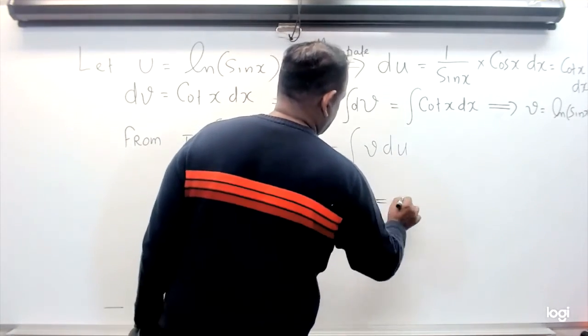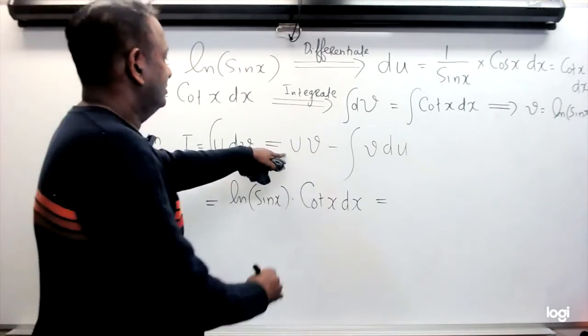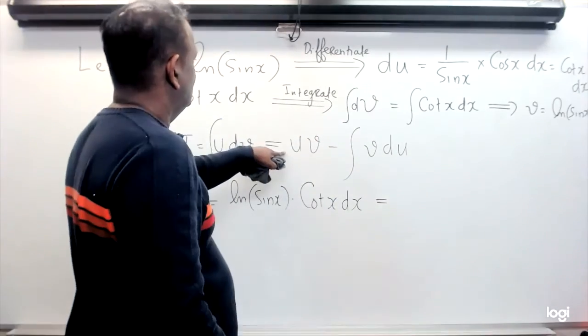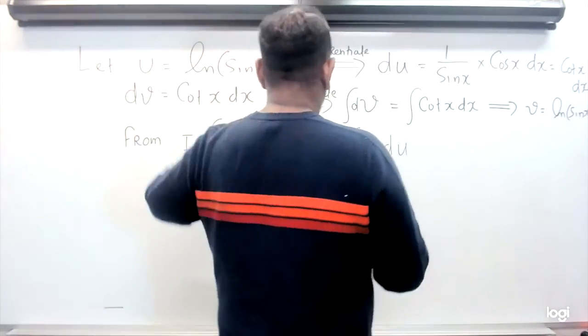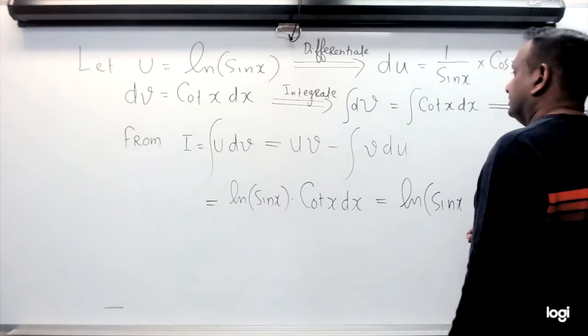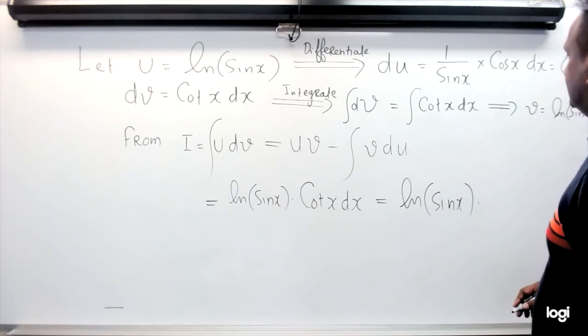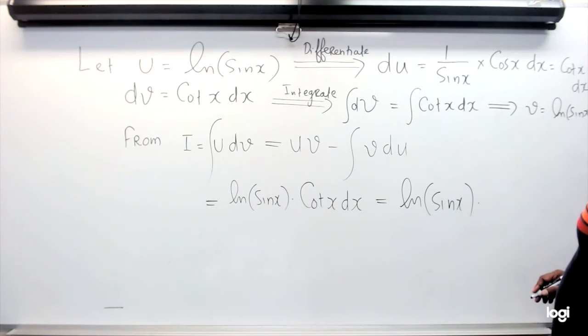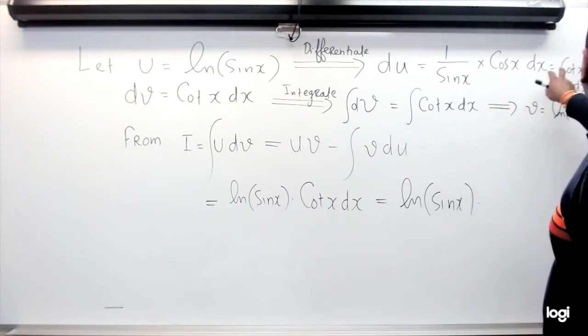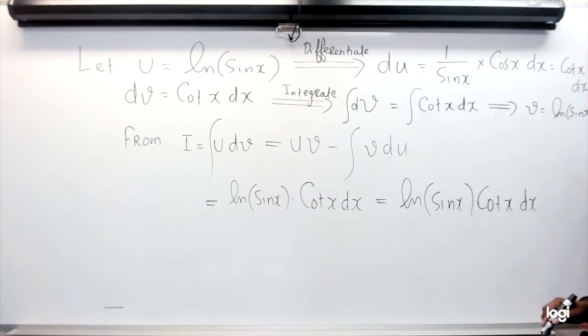Okay, uv. U is ln sine x, okay, times du. Yes, du. Du means cot x dx. See, cot x dx.